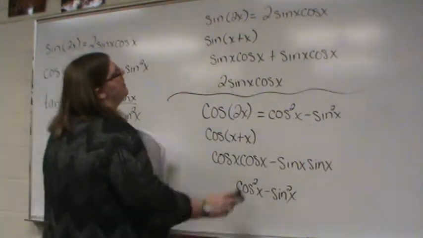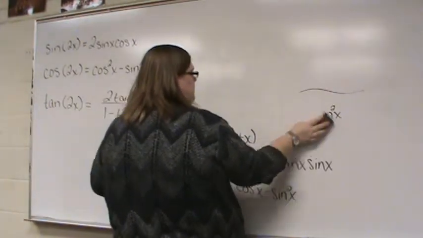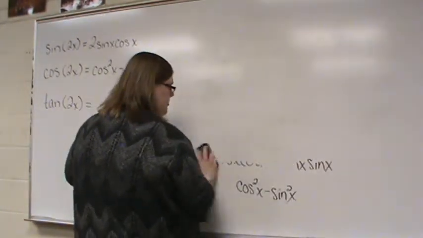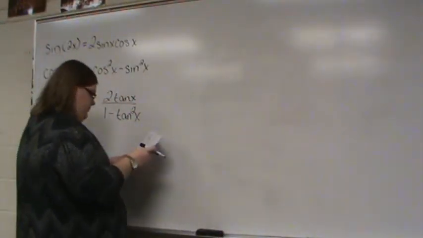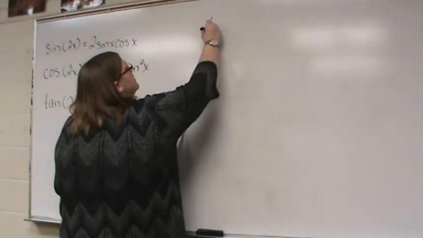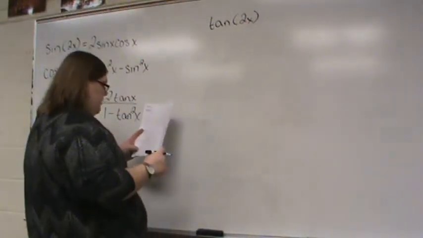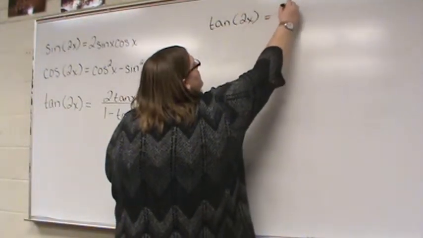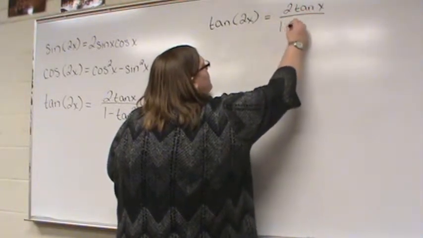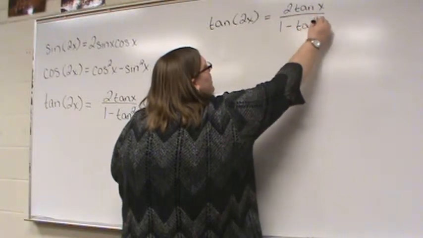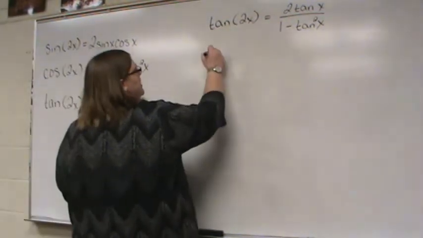Then the last one that we're going to look at is the tangent. So we have tangent 2x equals 2 tangent x over 1 minus tangent squared x. It's just putting it back into the x plus x again.